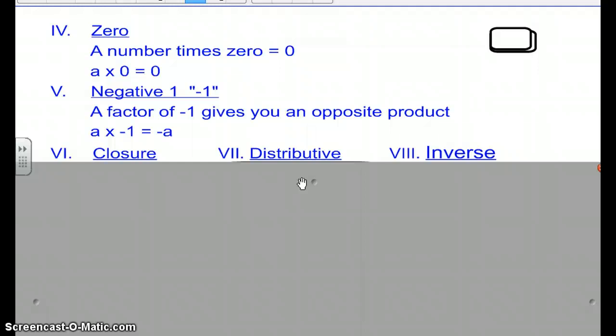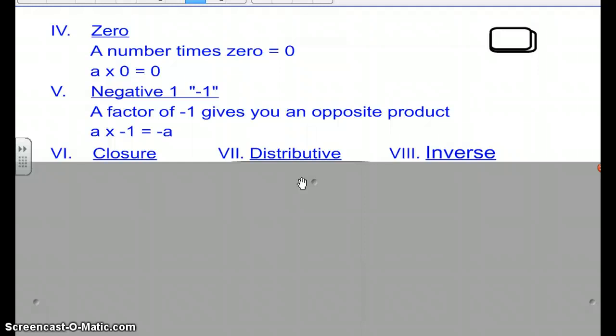Give me an example of the closure property of addition. Come on, think hard. Hannah. If you add 2 numbers, it gives you some real number. So 1 plus 3 equals 4, and close the door on that, you know. It will always be true that 1 plus 3 equals 4. Close the door on that.